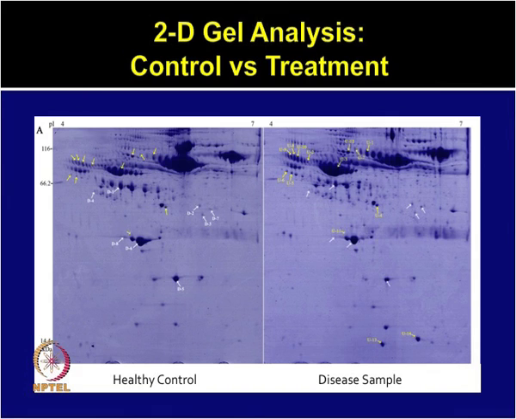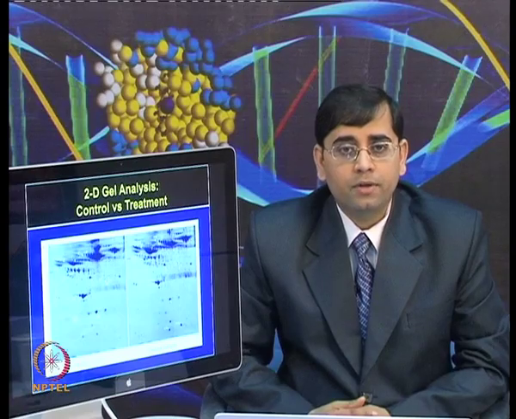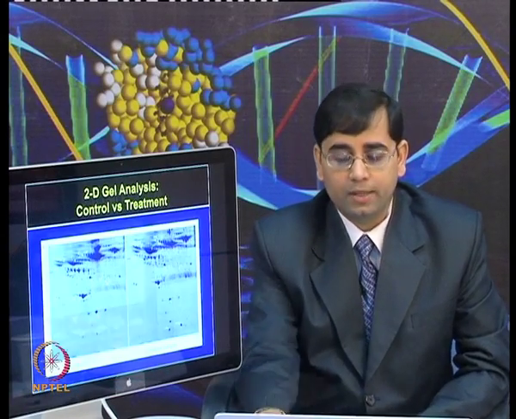One can look at different healthy controls and different disease samples to see what is happening to each spot, and if there is statistical significance for their overall change, if it is going up or going down, whether that is uniform in all the gels, and how significant that is. All of this analysis can be performed by using different software.